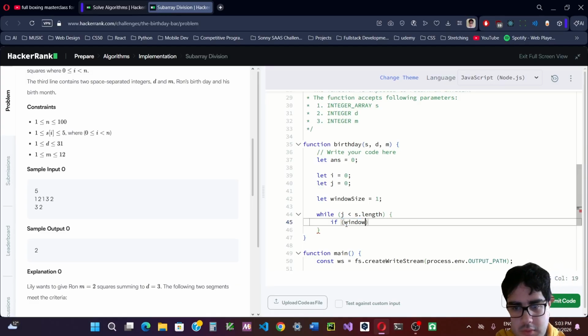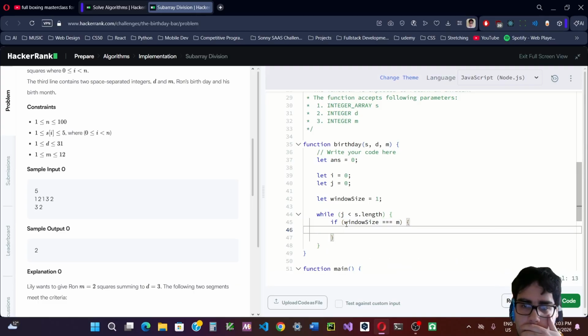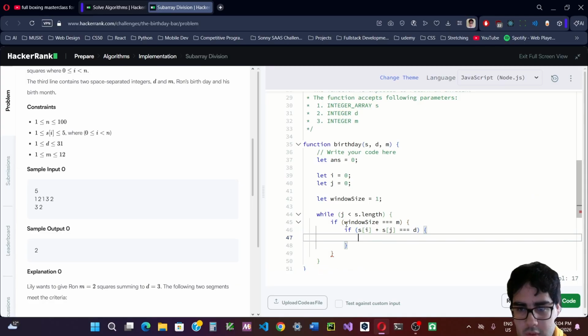If window size equals m, then m equals m if s of i plus s of j equals d, then plus plus.